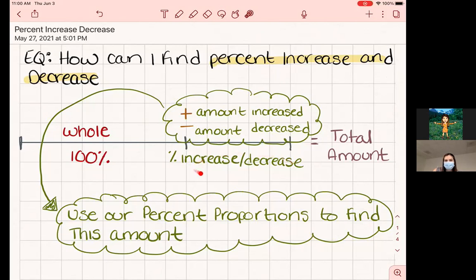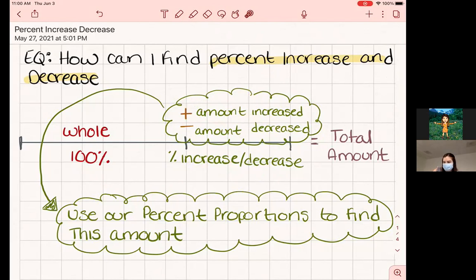Whatever that percent being increased or decreased is going to go on the bottom. So again, percents go on the bottom. And then this is probably what you're going to have to find out. So this will be kind of your X, but it's going to be the amount that is increased or the amount that has decreased.